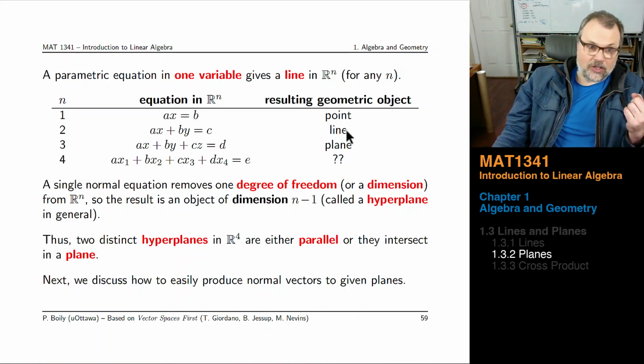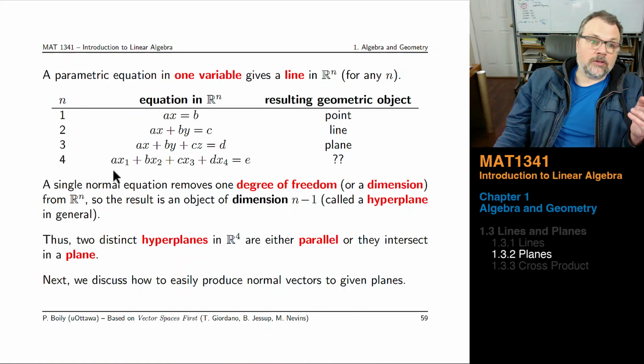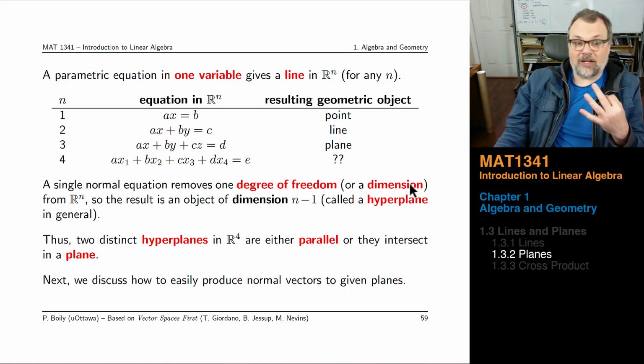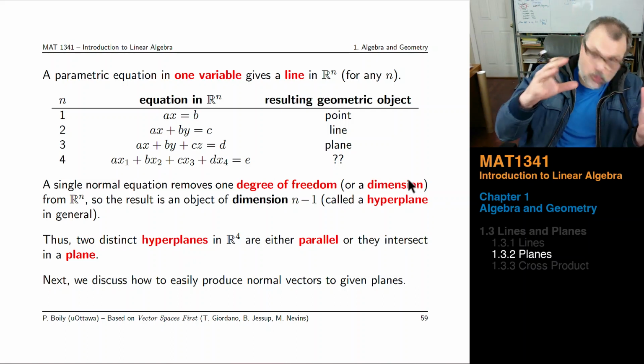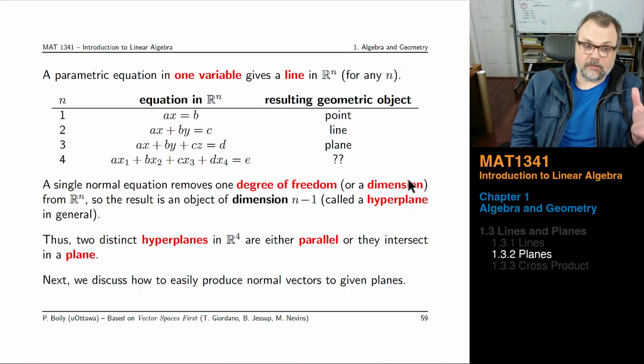A line is a one-dimensional object, Cartesian form, normal form, in two space, so I get n minus 1, or 2 minus 1. Basically, the result of this normal equation, ax1 plus bx2 plus cx3 plus dx4 is equal to e, in four-dimensional space would be a three-dimensional object. It's not just a plane, right? It's something that is akin to three space living inside of four space.